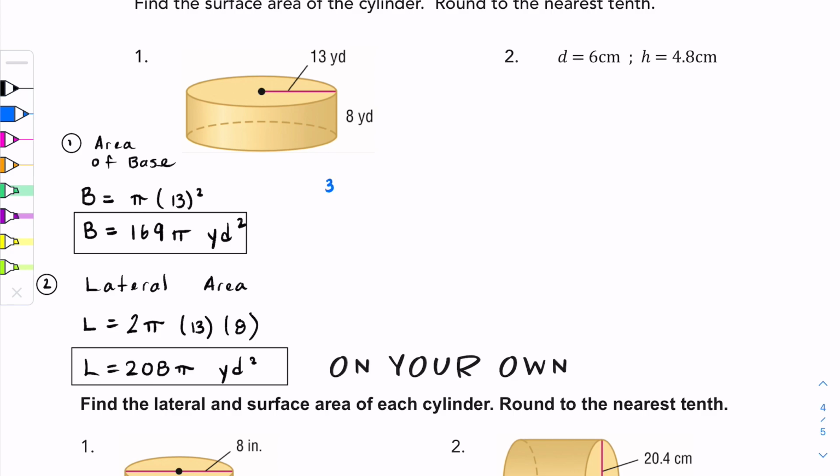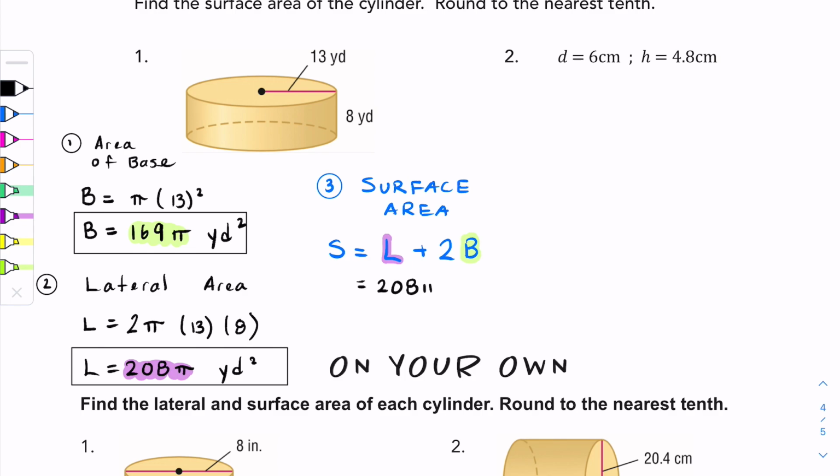And my last step to finding my final answer, which is surface area. I'm using the equation that says the surface area is equal to the lateral area plus 2 times the area of the base. When I fill in my calculated info, I fill in 208 times pi plus 2 times 169 times pi.